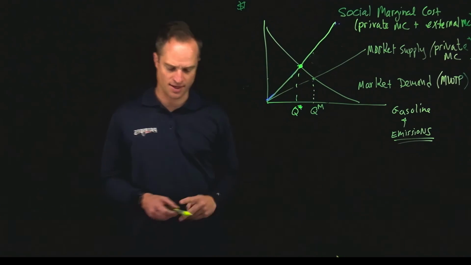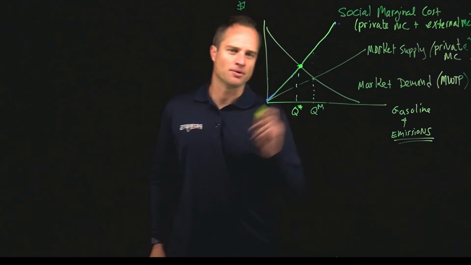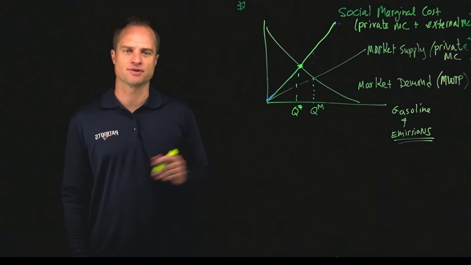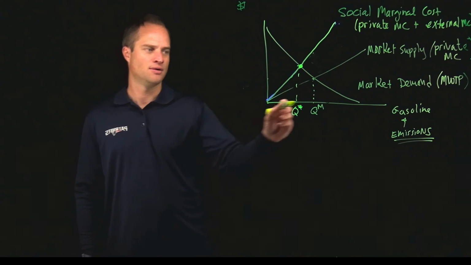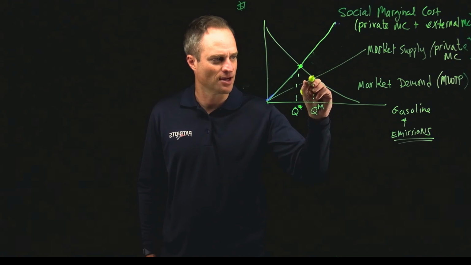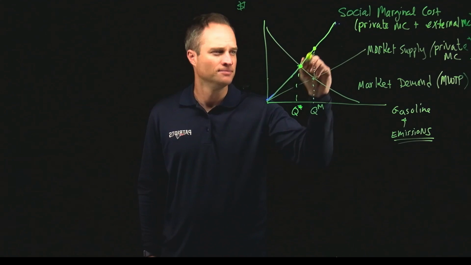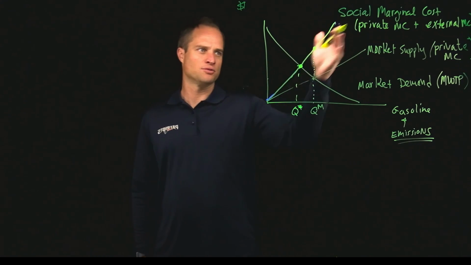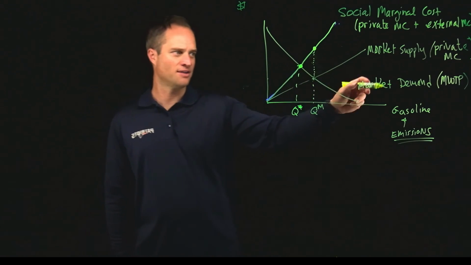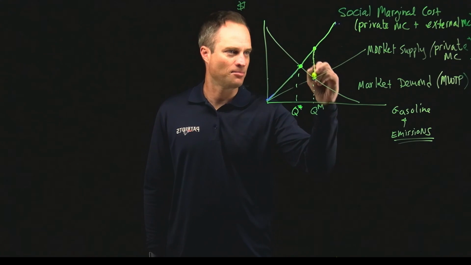And if we look at what the potential gains are here, it's important to think, okay, let's say we didn't do any sort of regulation. We didn't change from our market outcome. Well, if we extend this vertical dotted line up to where the true marginal cost is, we can see that the social marginal cost exceeds the marginal benefit, or demand, by this gap here.